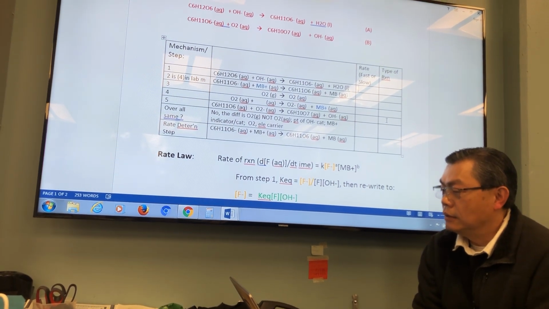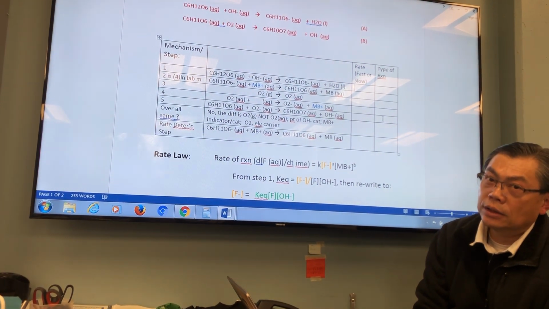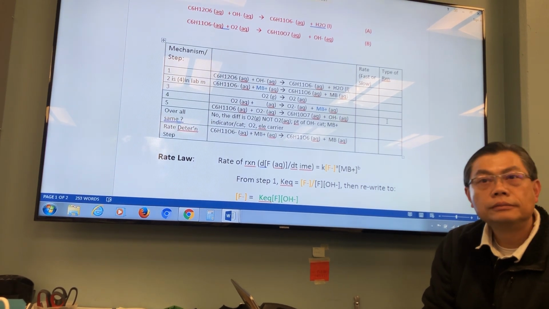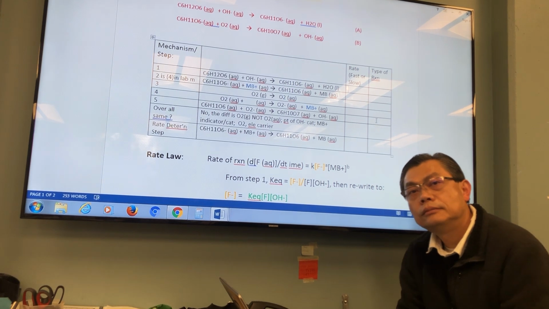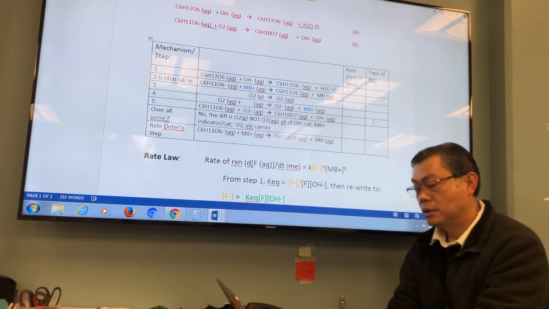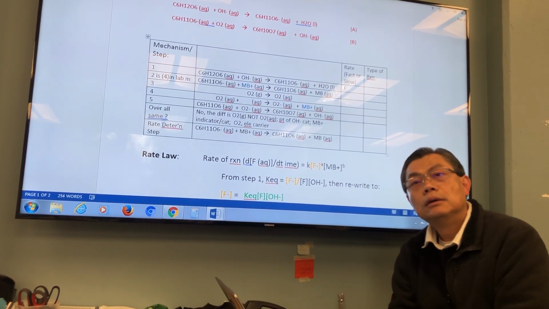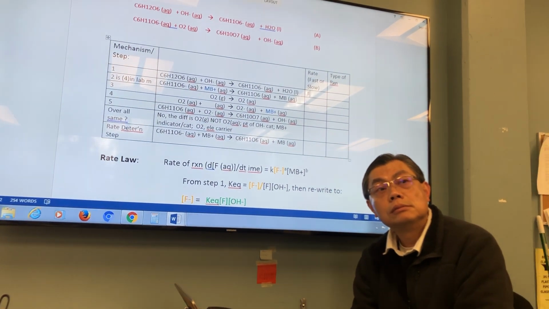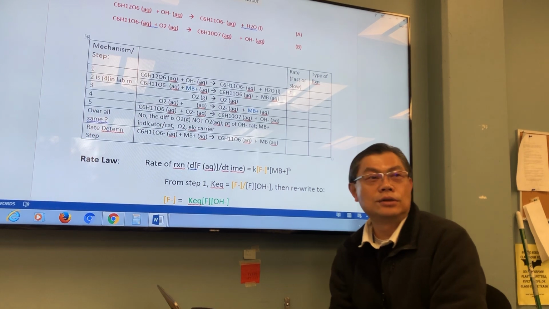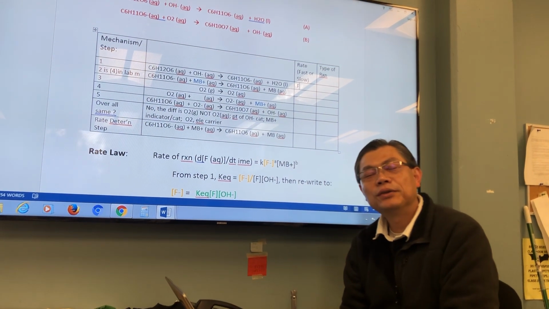Question to answer: is this step fast or slow? Fast. How do you know? Either fast or slow, of course.